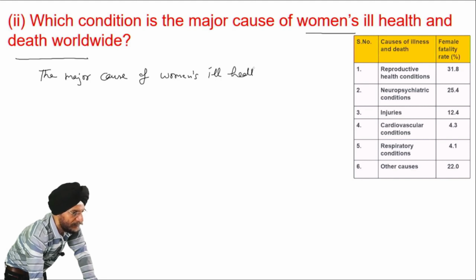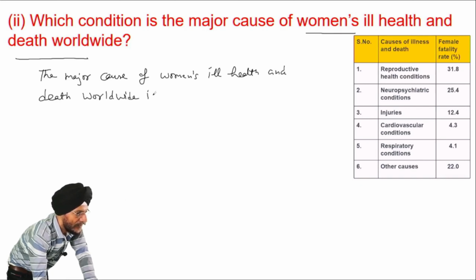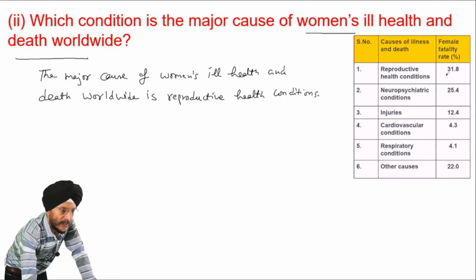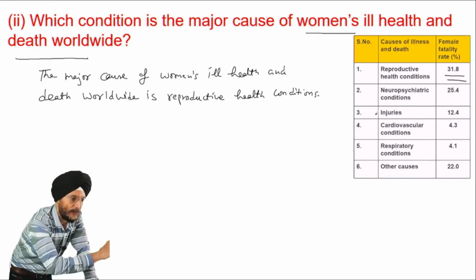Ill health and death worldwide is reproductive health conditions. So this is also clear from the chart, which is a table, as well as from the graph which we have drawn.